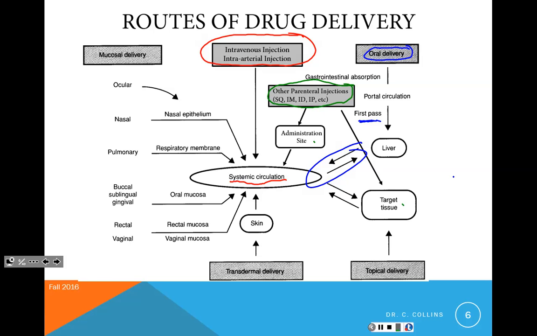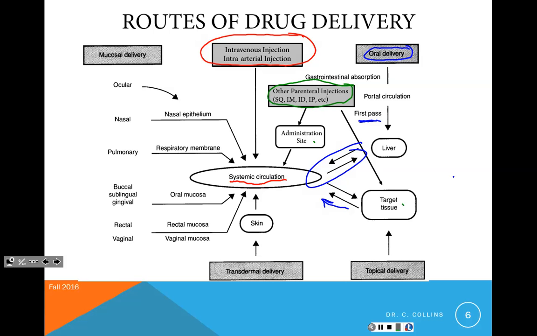Topical delivery. Topical, usually our target is local, the skin area. So that's our target tissue. There may be some drug that gets into the systemic circulation, but that's not where we intended it to go. If you have a rash, you put hydrocortisone or something on it, it's a local active.